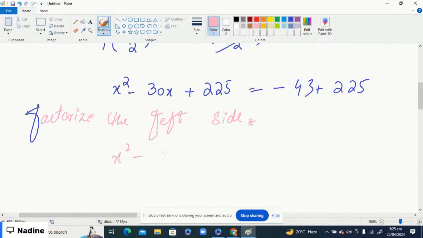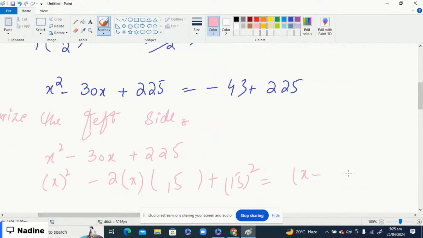It's like a square minus 2ab plus b square. What is the square root of 225? It's 15 and it's 15. What's the formula? It's the formula of x minus 15 whole square. So just putting in place of this, it is x minus 15 whole square.